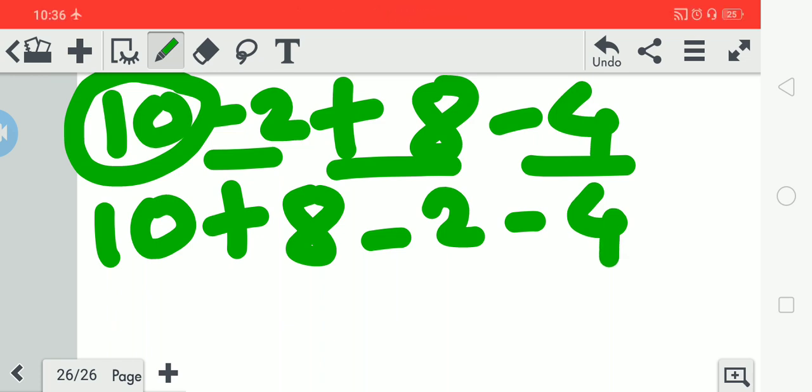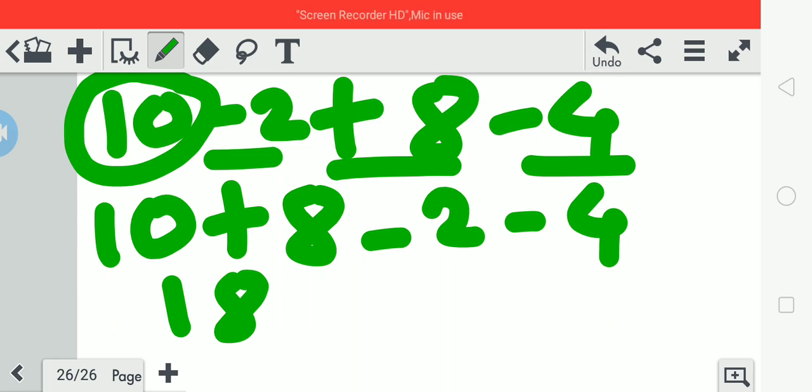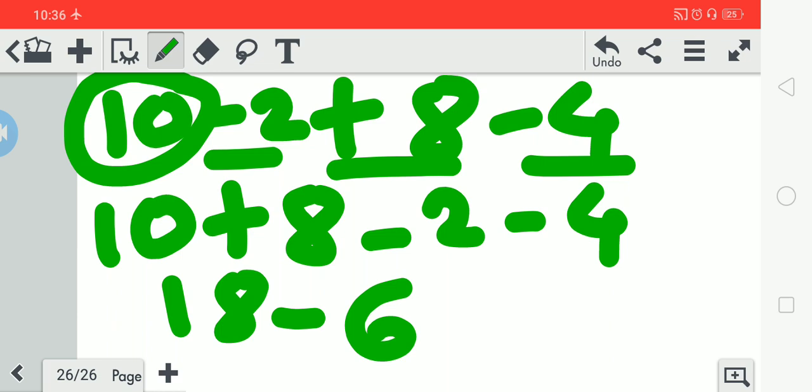Now do the addition of the positive numbers 10 and 8, 18. Now negative number addition is 2 and 4, 6. Here 2 and 4 signs are the same, negative sign. Rule number 2, assign the negative sign. Now 18 minus 6, that is 12. So in this case your answer is 12.